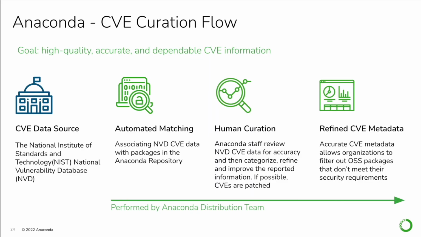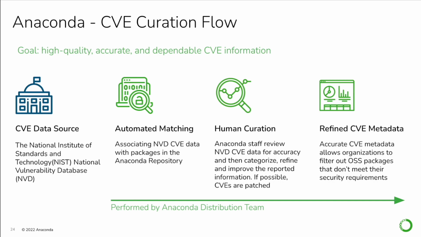So how exactly does Anaconda curate this data? At a high level, like Christian mentioned, there's that original source, the National Vulnerability Database. It aggregates all types of vulnerabilities and exploits for all sorts of technological frameworks. We take a few steps to match up our databases, but then we really go into this curation process, which we'll talk about a little more in the next slide.